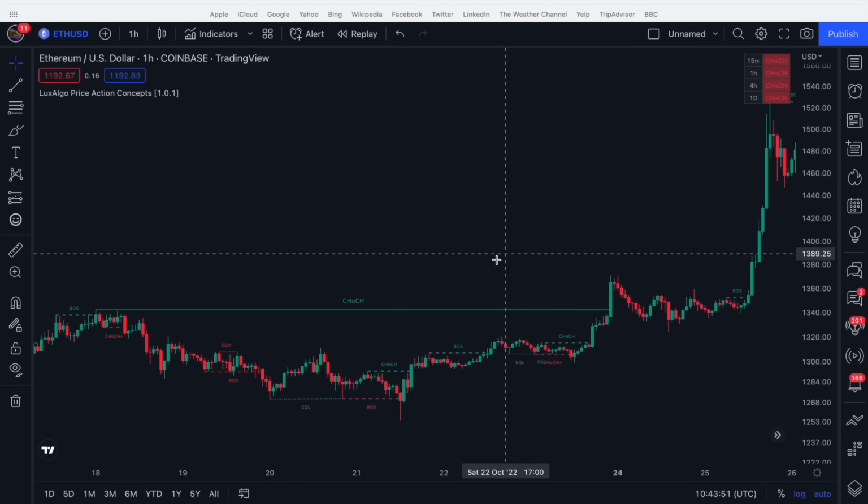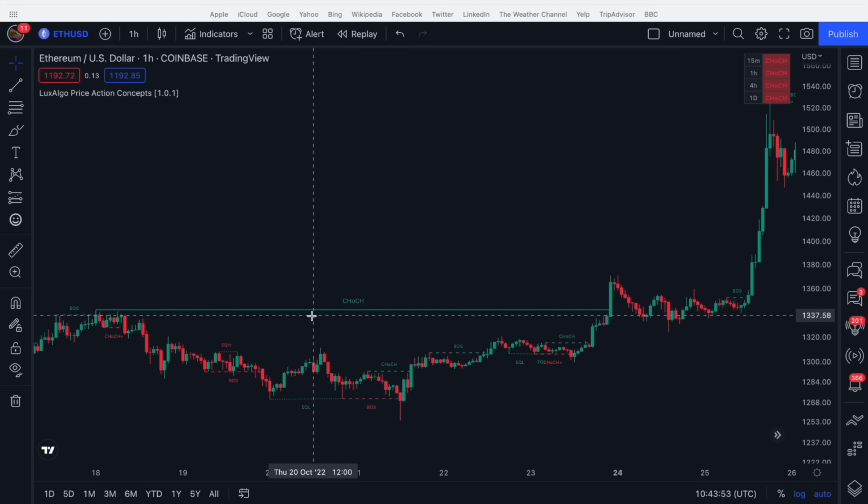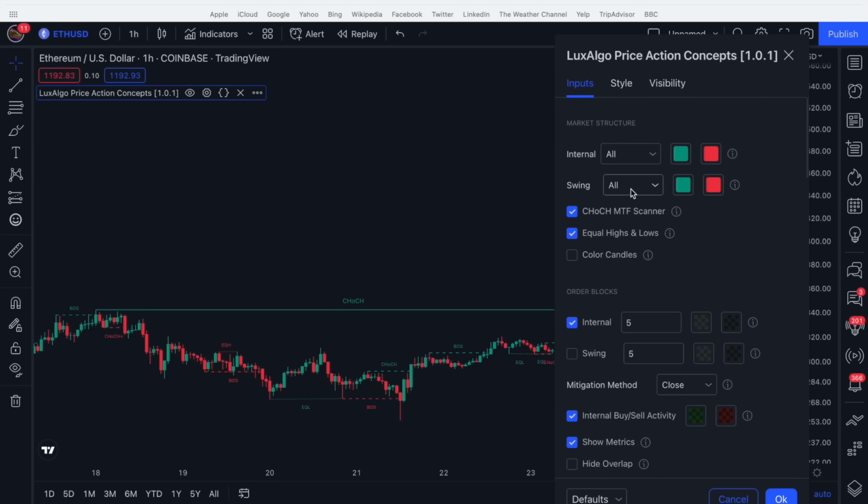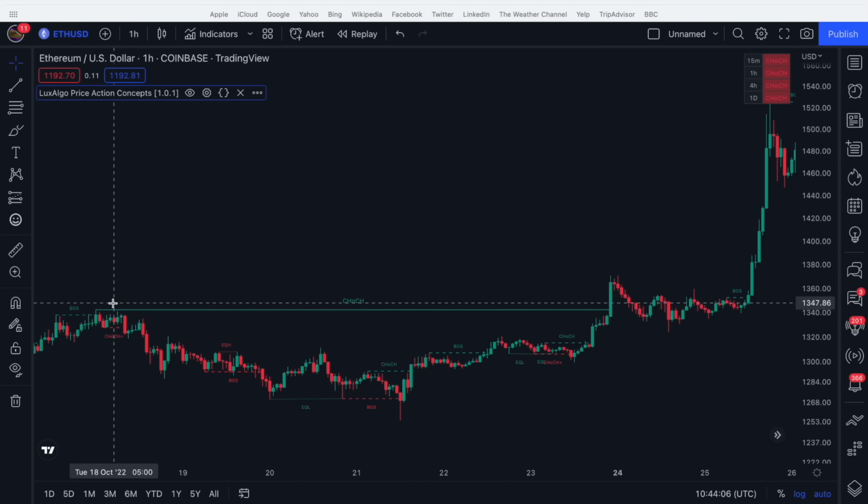Next up, we see this CHoCH, but it's a solid line. What we see here is a swing market structure. The solid lines are swing market structures, and these are on higher time frames because they're swing structures. So we see here the market is moving, and we break this CHoCH.